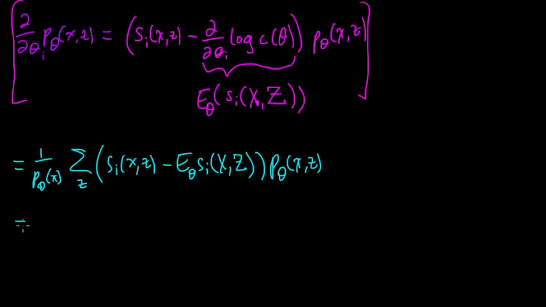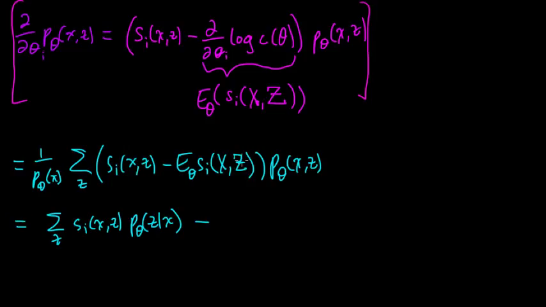We can move the sum through this difference, and we get the sum over z of s_i of x and z times the conditional probability of z given x, minus the sum over z of this second part. But this is a constant with respect to z, because this is the expectation over x and the random variable z.